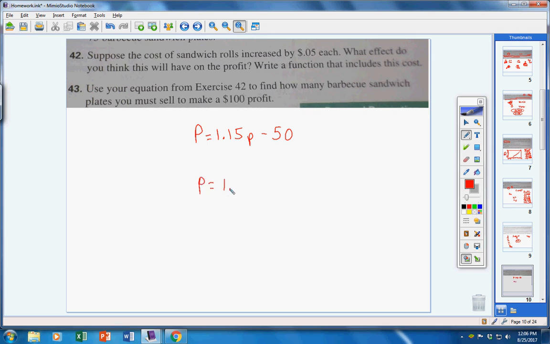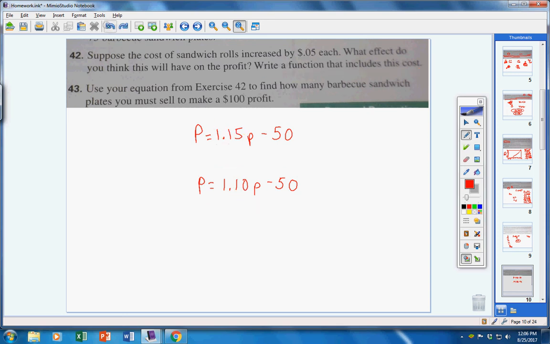Now you're making $1.10 per sandwich, correct? Because it's now costing you 5 more cents to make your sandwich. So write a function that includes this cost. There it is, right there. No longer are you making $1.15 per plate or per sandwich. You're now making $1.10. Okay?